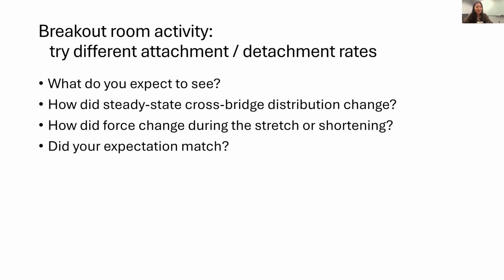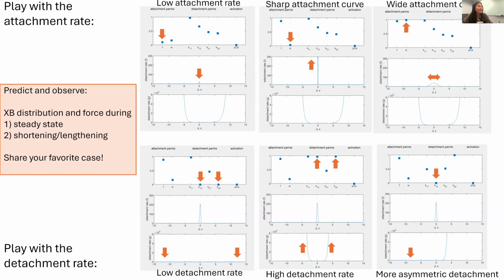And here are some suggested changes that you can make. You can see the effect of the lower attachment rate by changing the F parameter here. Or you can also try to make it really sharp by decreasing the W parameter a lot.